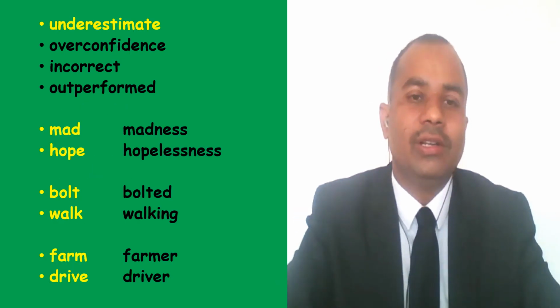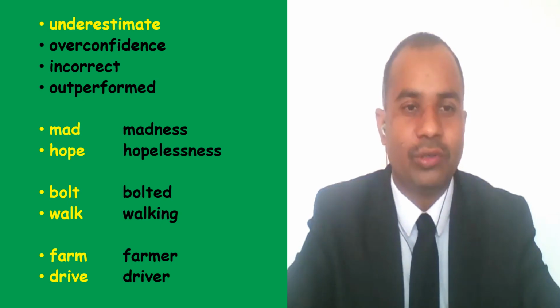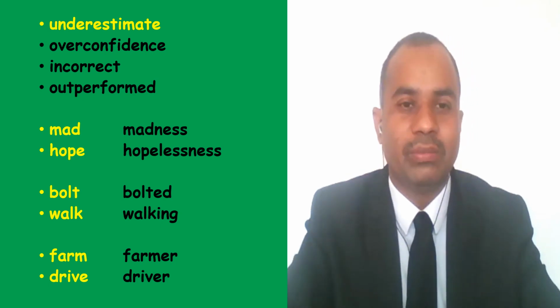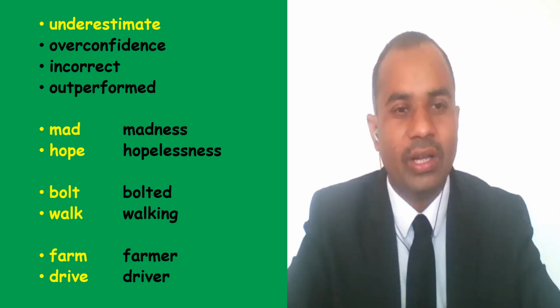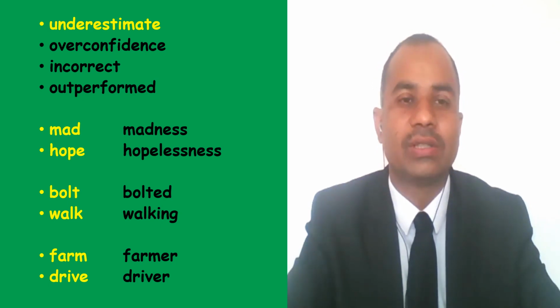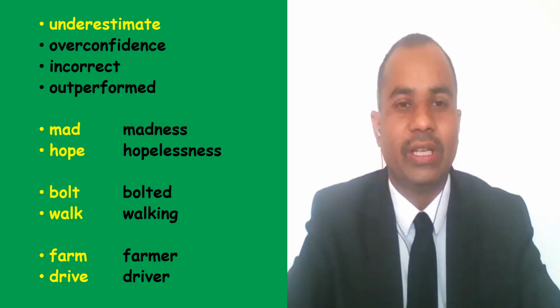We have underestimate, like don't underestimate yourself, or don't underestimate the power of the common man. So underestimate is making a wrong estimation, or keeping it low or lesser. And overconfidence: it is not a good sign to have overconfidence. So both these are negative things.